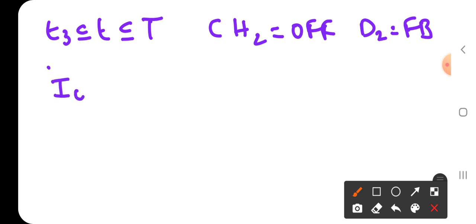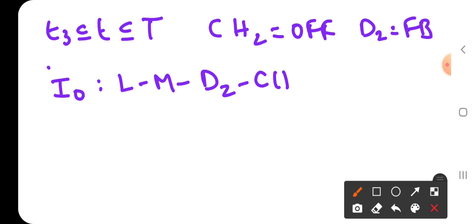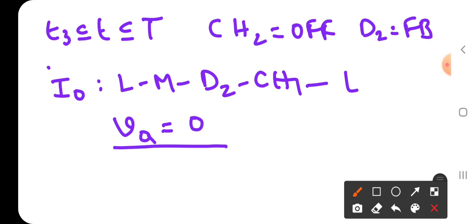The current flows from the inductor to the motor to D2 to CH1 to the inductor only. This is how the current will be circulated, and here also the output voltage is equal to 0. VA is equal to 0. Okay, so now at the end of this mode, again the same story is repeated. That means if I draw the waveforms, it is like this.